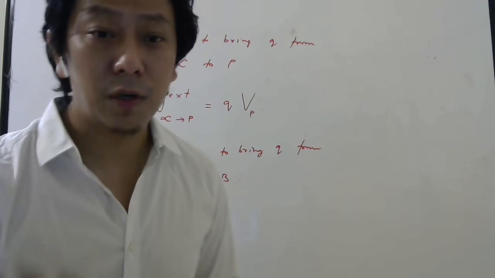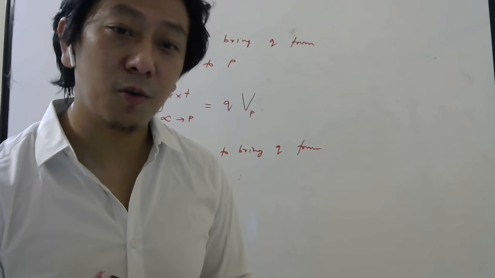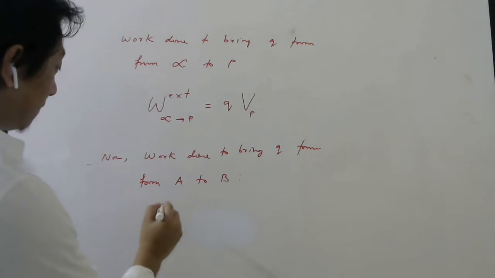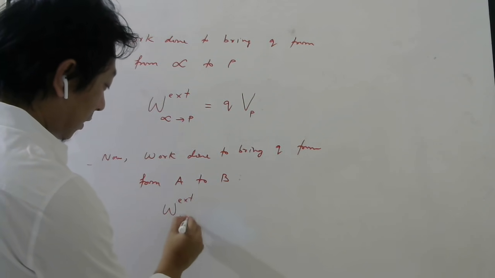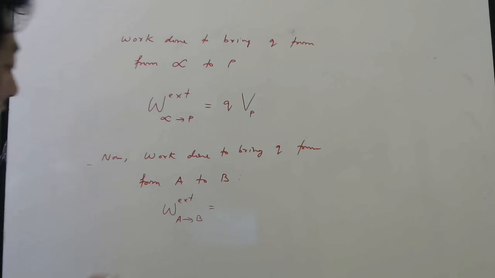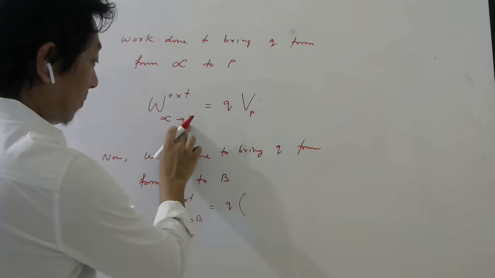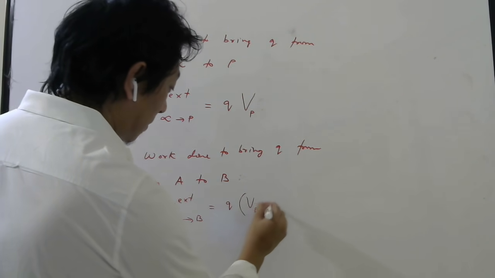That is, I don't want to move the duster from the reference to P. I want to move it from some other point to some other point. I can ask that, no? Then how will you write the formula? Work done by external force from A to B will be equal to, look carefully, Q into V. See, this was P before, so here it will be B. Vb minus Va.